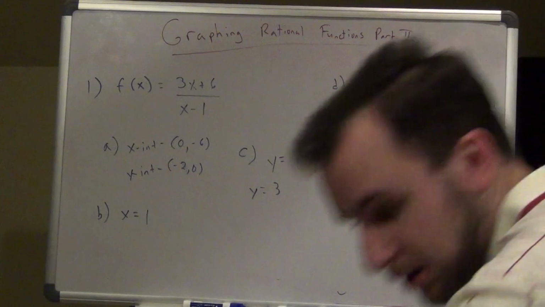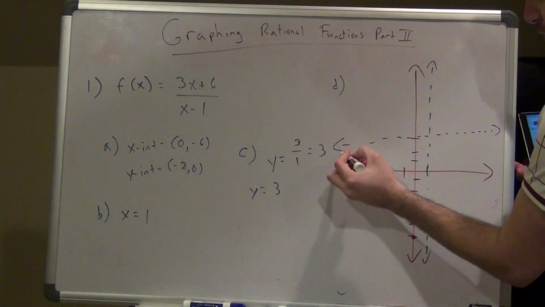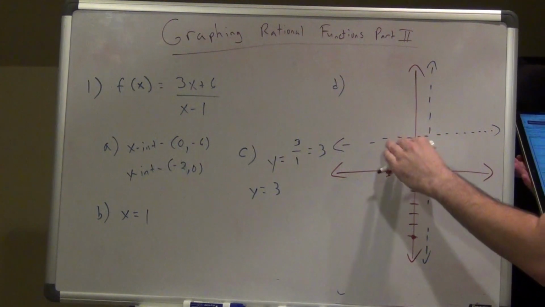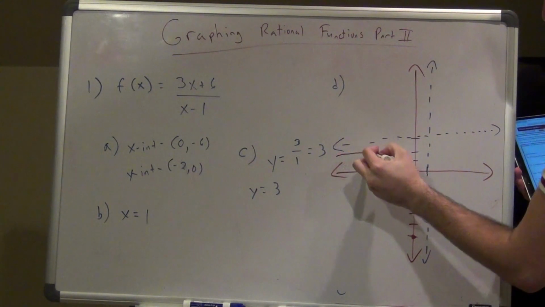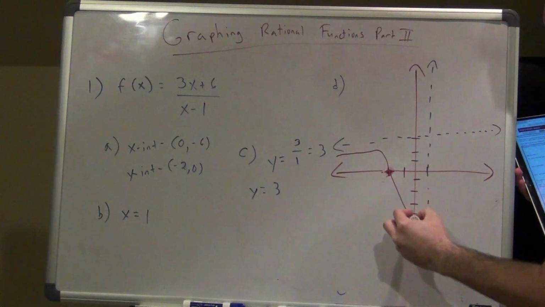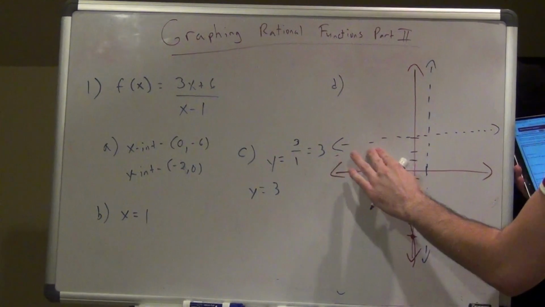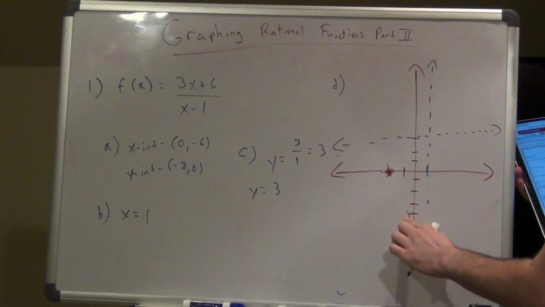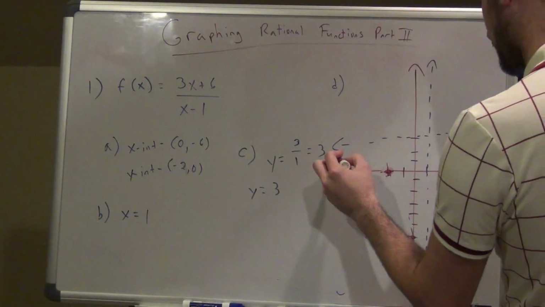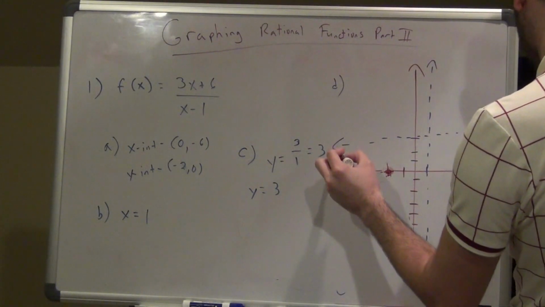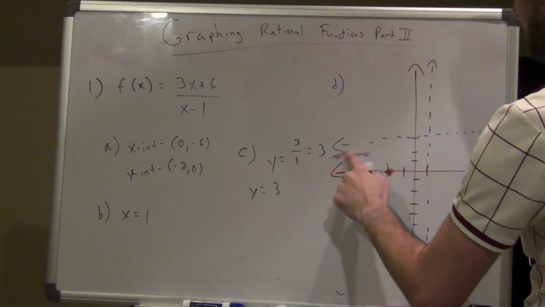I'm going to do that with this color here. My first curve is going to get really close to the asymptotes because an asymptote, remember, is a line it's almost going to hit, but it's never actually going to hit. So I'm going to get really, really close to here. I'm going to draw my curve. It's going to go down like that. That's a really bad depiction. Let me redraw that.